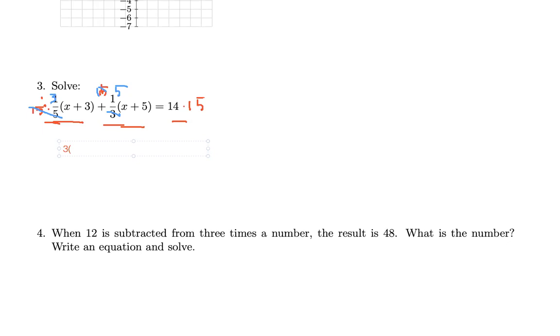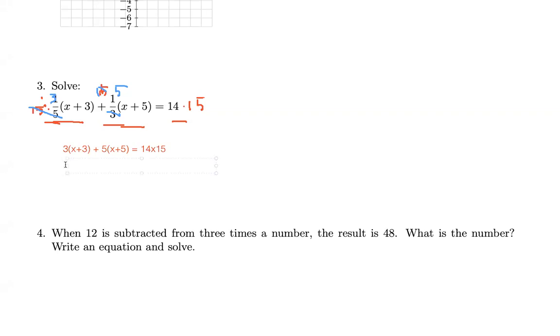So now the equation becomes 3 times (x plus 3) plus 5 times (x plus 5) equals 14 times 15. How nice. No more fractions, right? Because we multiplied by the least common multiple of 5 and 3. So that's why this happens.